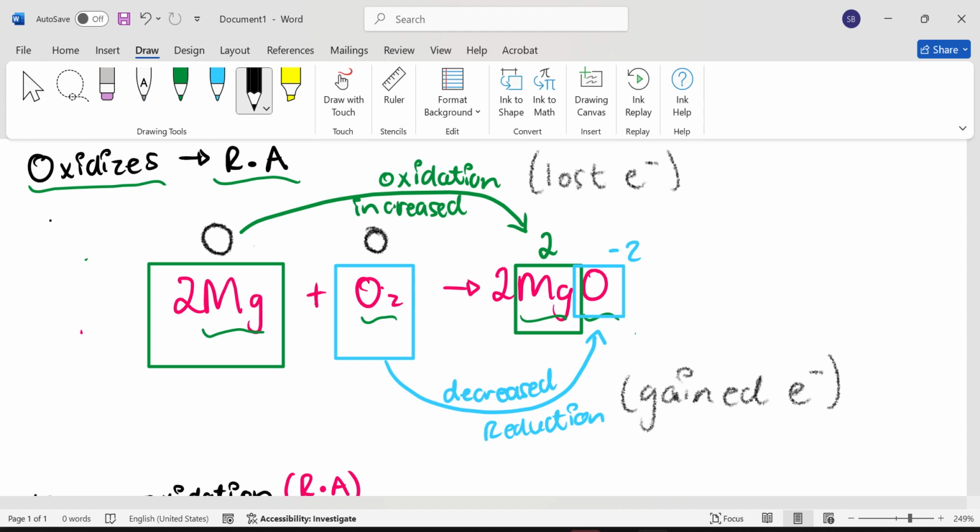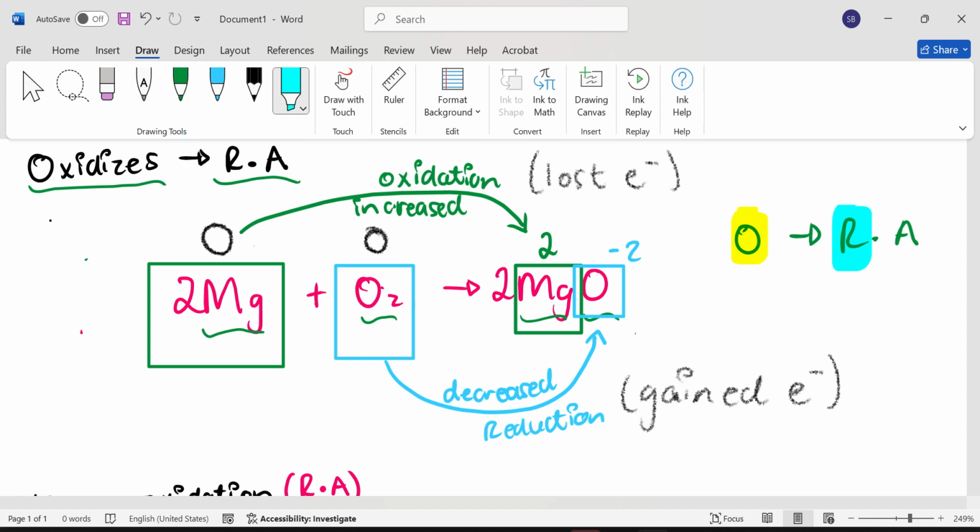So in this particular case, magnesium oxidized and forced oxygen to reduce. That is why we say the one that oxidizes is known as the reducing agent, because whatever oxidizes forces something else to reduce.